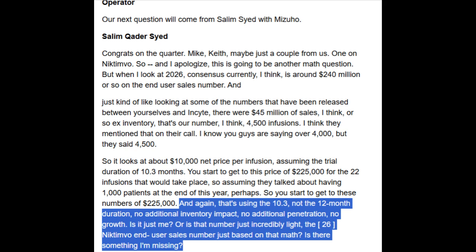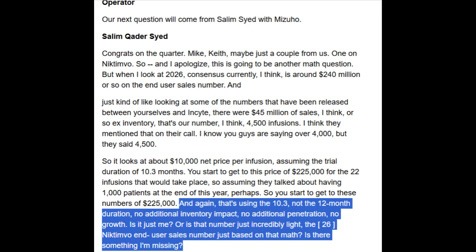And if you annualize the amount of money they've already made, it basically seems like that would be no additional penetration, no growth whatsoever. Is it me, or is that number incredibly light? Wouldn't we exceed that number greatly based on the math? Isn't there something I'm missing? That's what he says. So he's already doing the math, and he's already realizing that the Niktimvo sales are going to be way higher than anyone on Wall Street currently believes.